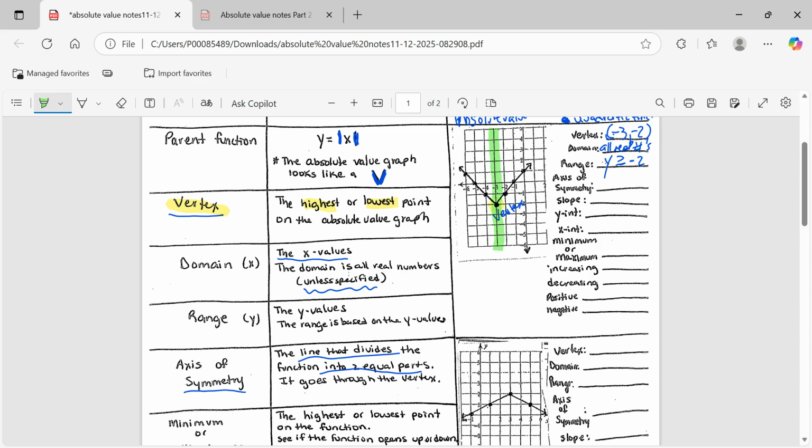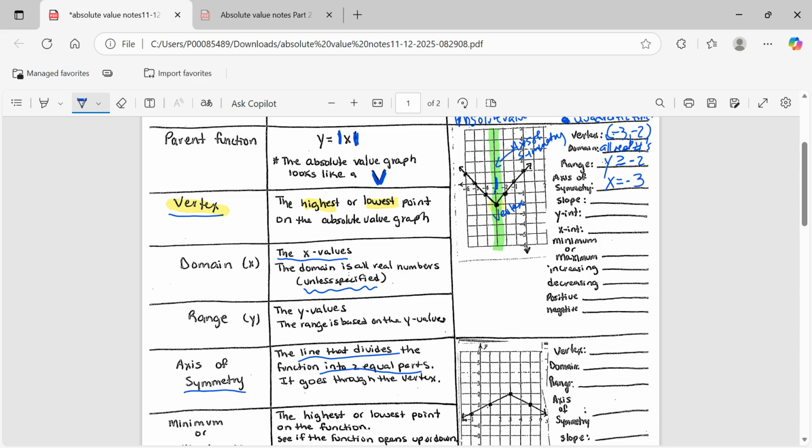It's a vertical line, and it must go through the vertex. That's the axis of symmetry. The axis of symmetry is a vertical line, and so it's going to be x equals that number, and the number that it's going through is -3.